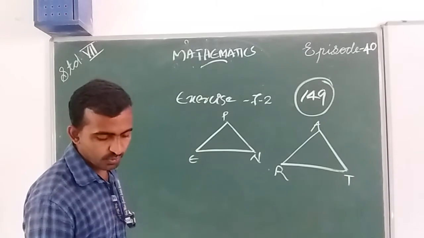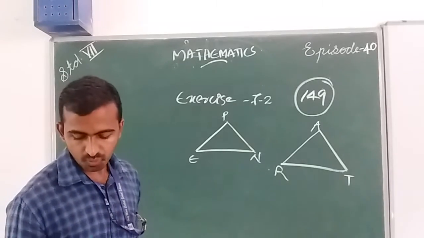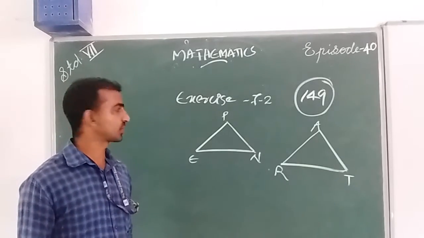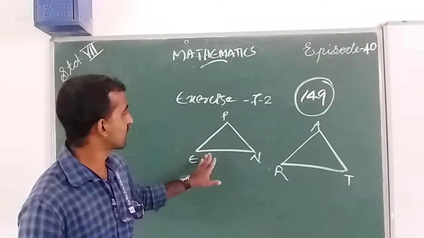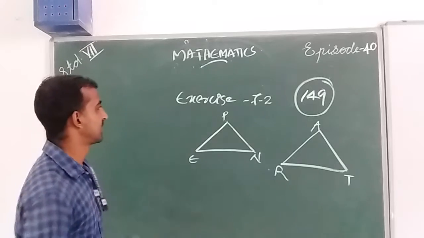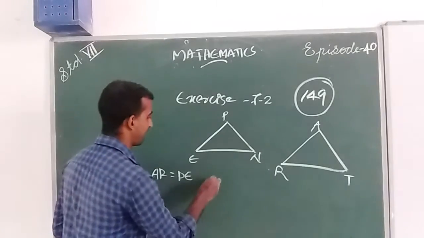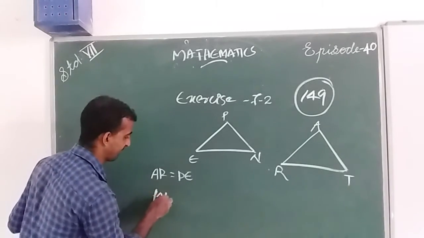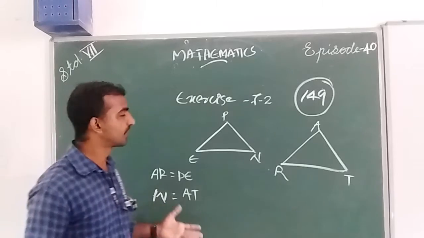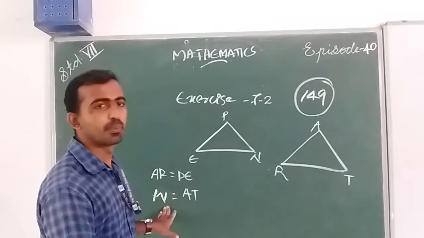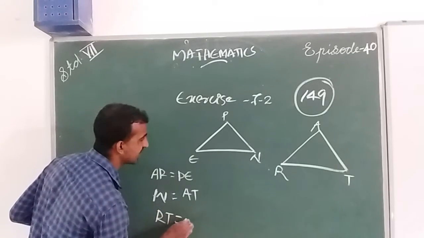In the first part, if you have to use the SSS criterion, then you need to show that AR equal to PE, and next PN equal to AT, and the third one is RT equal to EN.